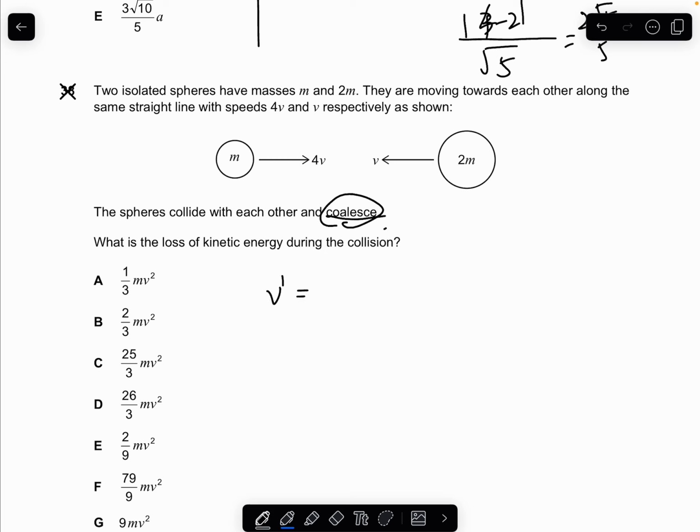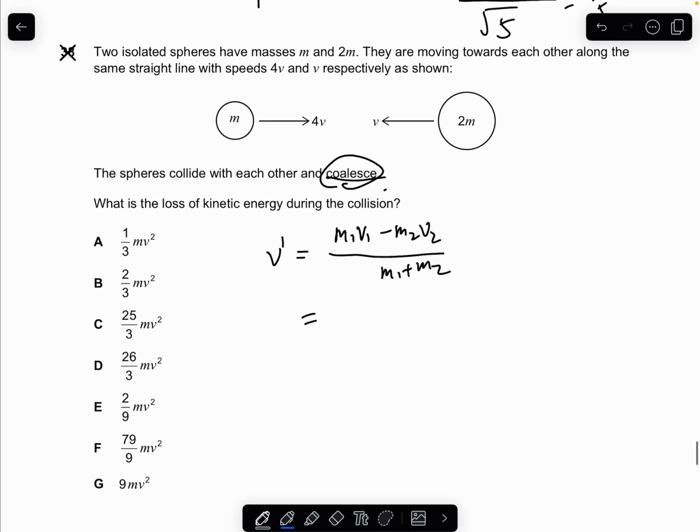So the rate equals this. And this equals to 2 mv3.